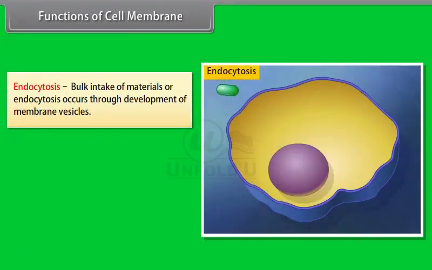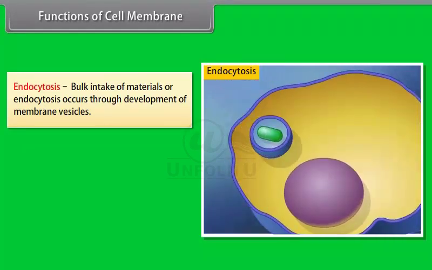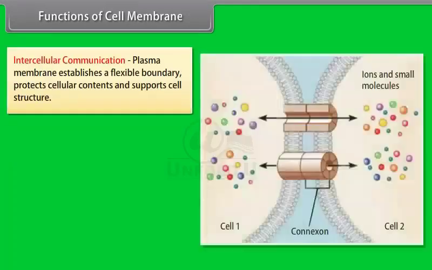Endocytosis. Bulk intake of materials or endocytosis occurs through development of membrane vesicles. Exocytosis. It is reverse of endocytosis that provides for throwing out of waste products and secretory materials. Intercellular communication.